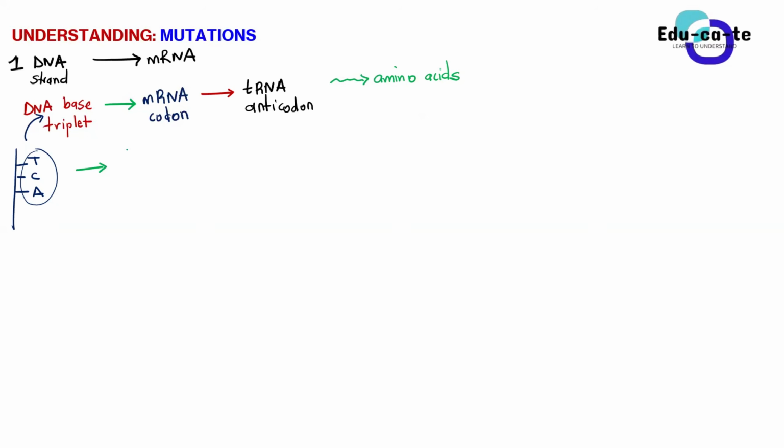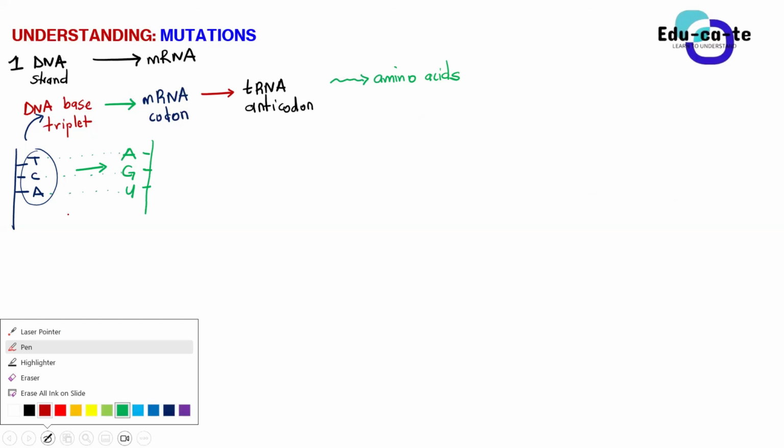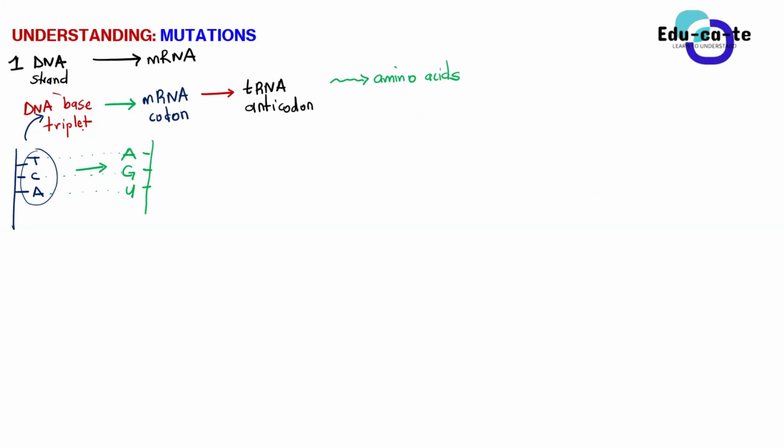You get AGU as the mRNA codon that is formed from this base triplet. So the T will match with an A, the C will match with a G, and the A will match with a U. So basically a DNA strand that has a DNA base triplet creates an mRNA codon.